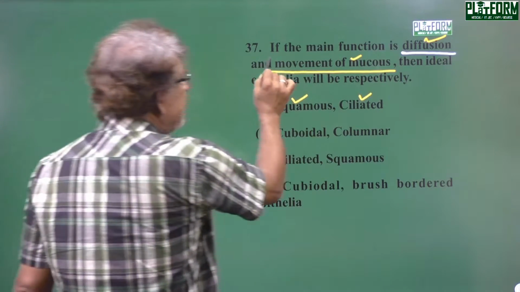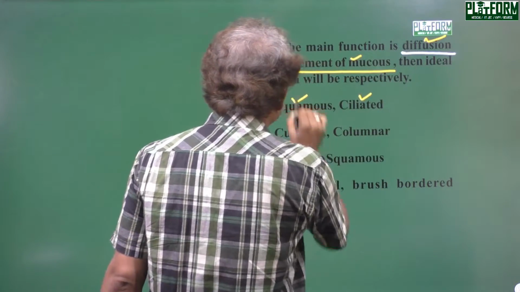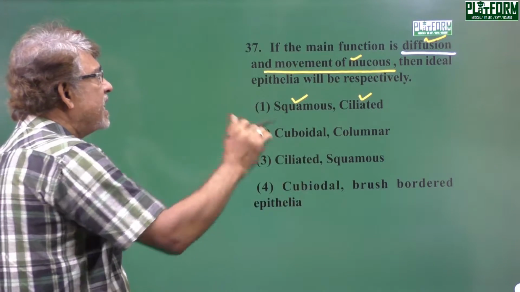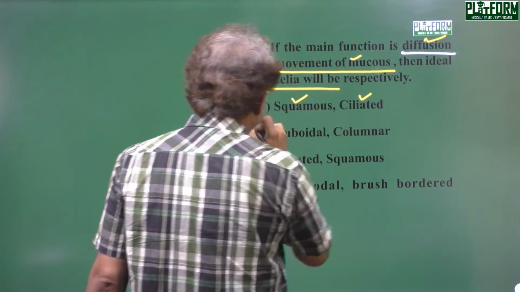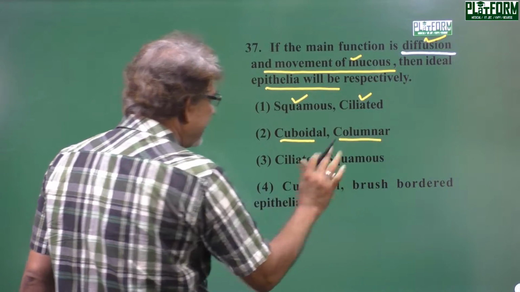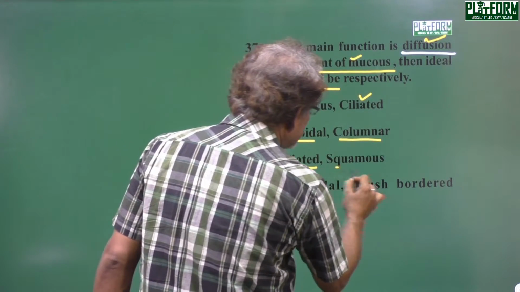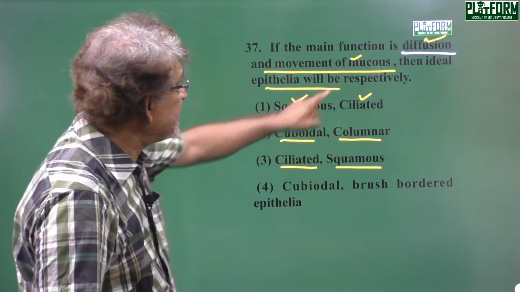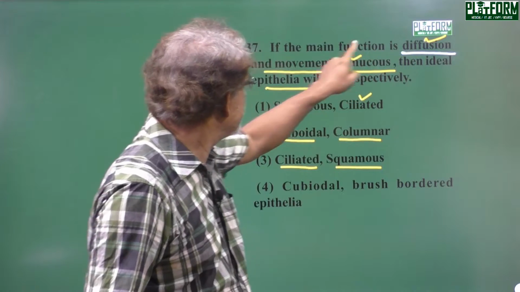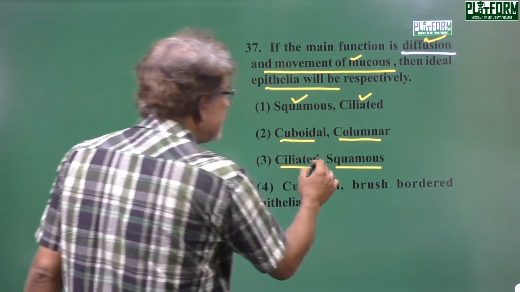Now, if the main function is diffusion and movement of mucus respectively, then ideal epithelia will be cuboidal and columnar. It is incorrect. Ciliated and squamous respectively. Ciliated is not associated with diffusion of the substances, so it is incorrect.